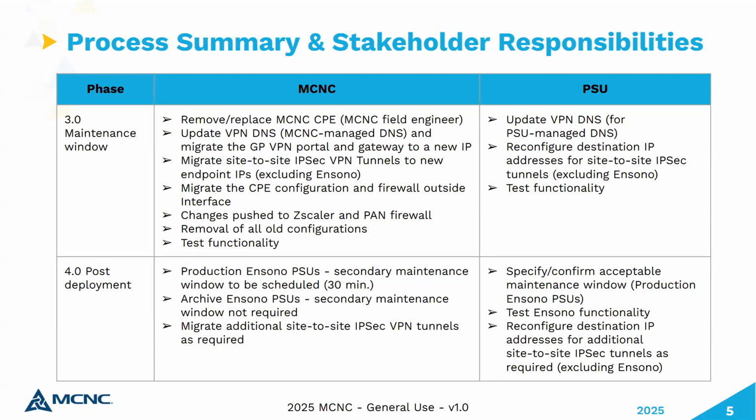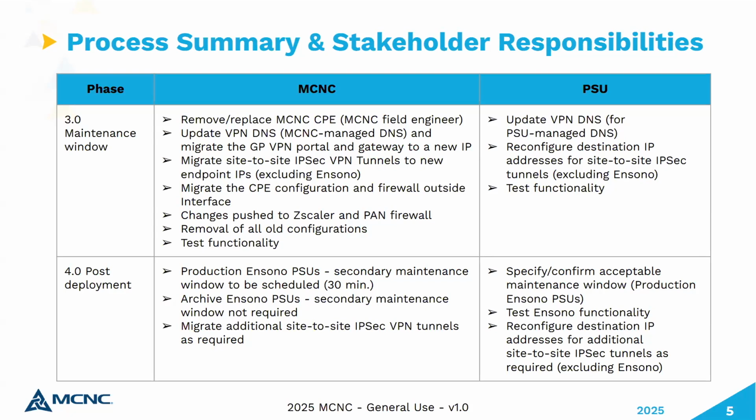During the maintenance window, Ian mentioned really the first thing is to remove or replace the MCNC CPE. In a lot of PSUs, certainly in the 74 that we're talking about as priority 1 migrations, that's an ASR 1000 series Cisco router. We'll be pulling that router out and replacing it with a newer Cisco 920 series router.